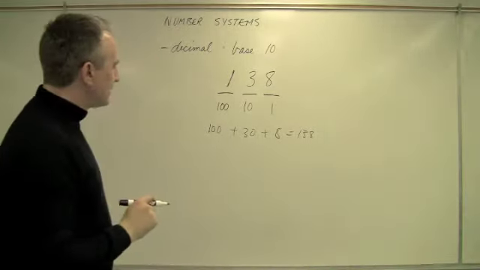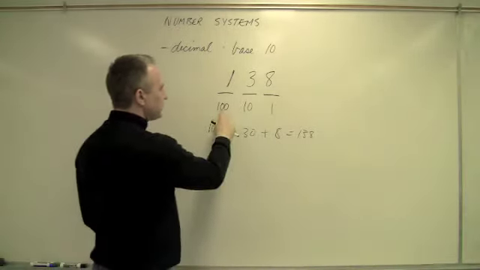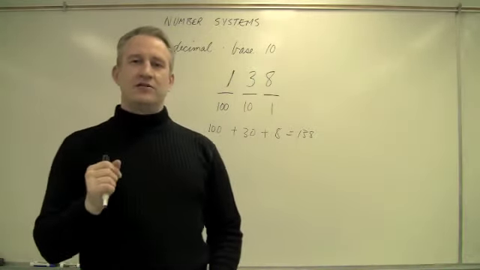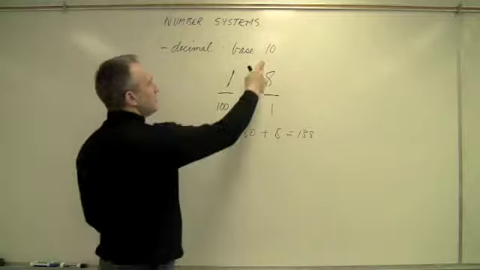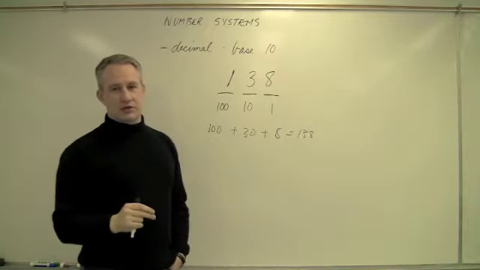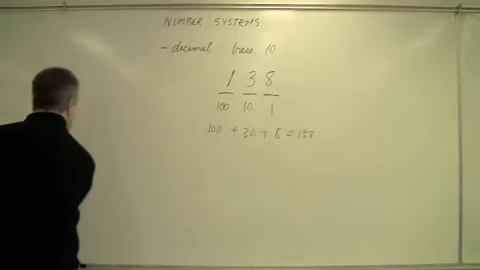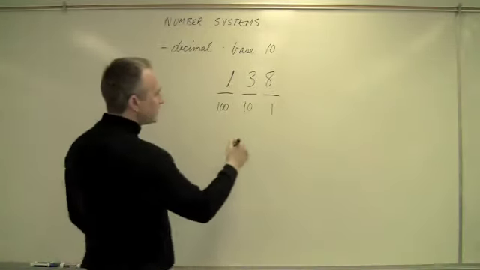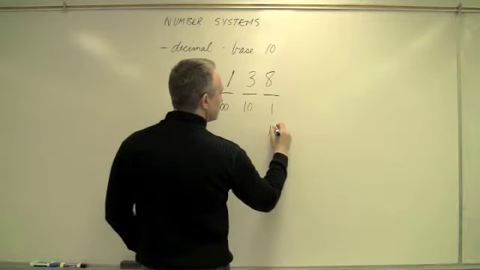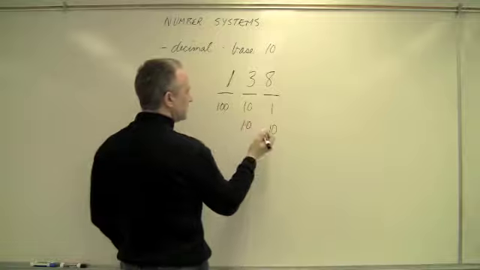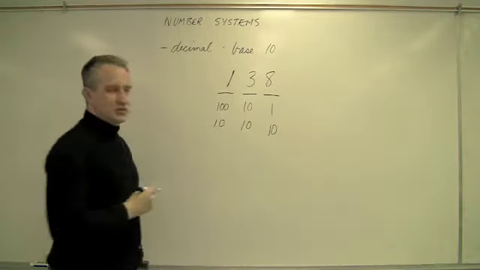Another way we can look at that, though, is to look at where we get these from. Those weight values are based on the base that we're using to a particular exponent. One is actually 10 to an exponent, 10 to an exponent, 10 to an exponent.